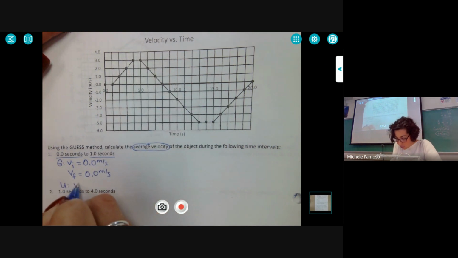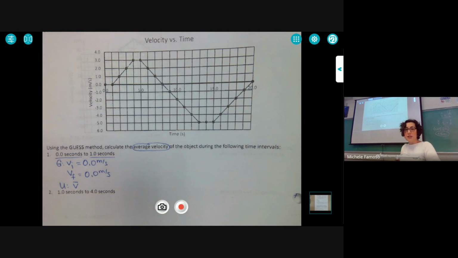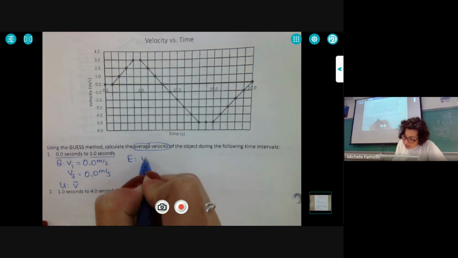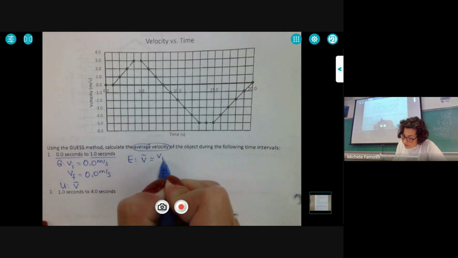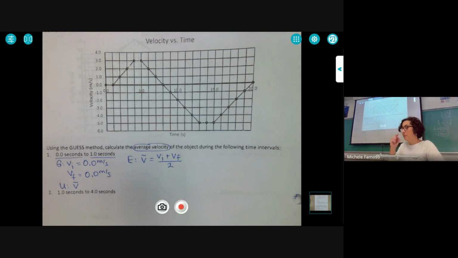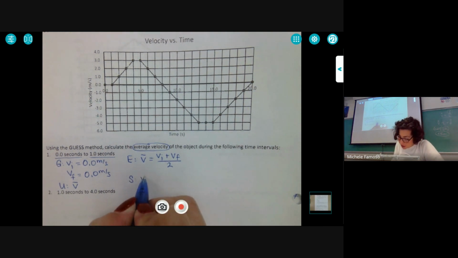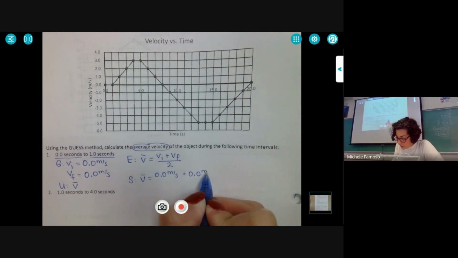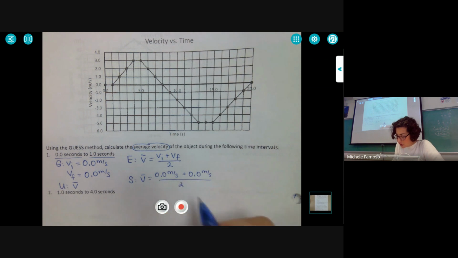The unknown is the average velocity, the V bar. And he already told us how to get it. We're going to use V bar is VI plus VF over 2. So let's do our substitution. 0.0 meters per second plus 0.0 meters per second all over 2.